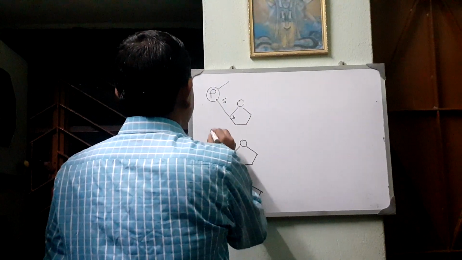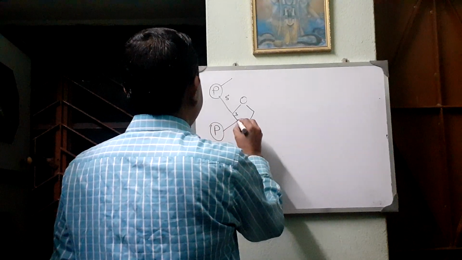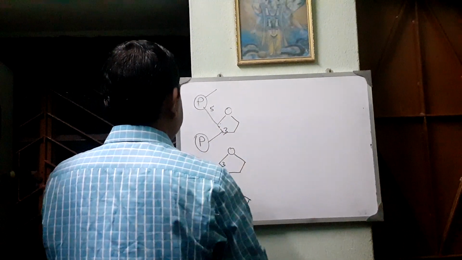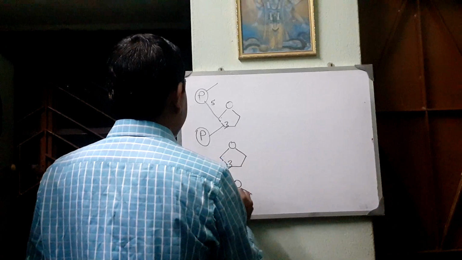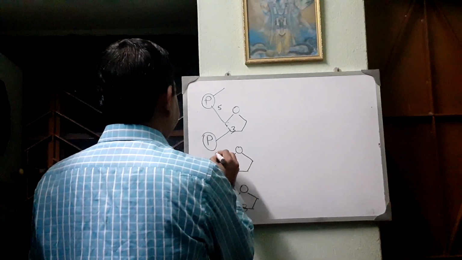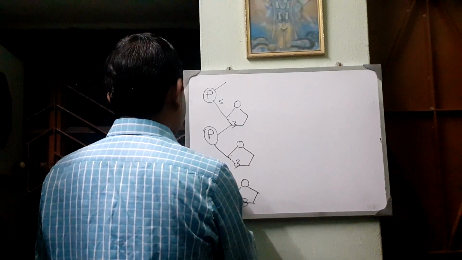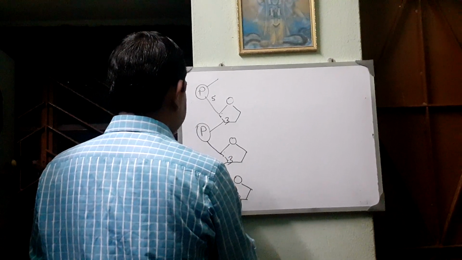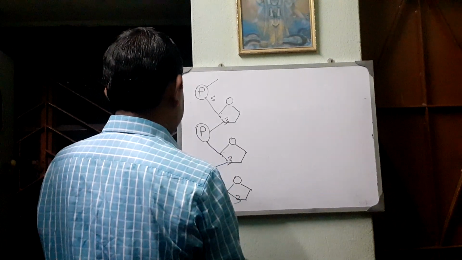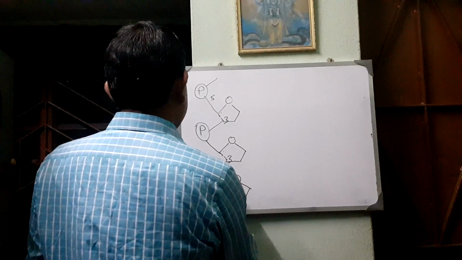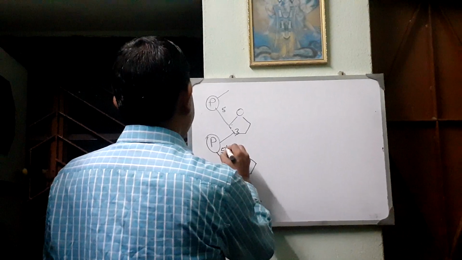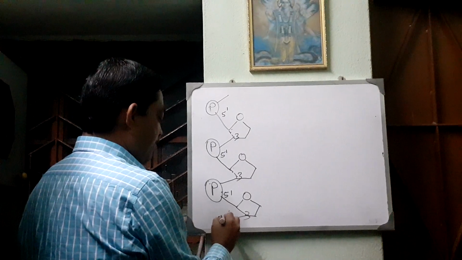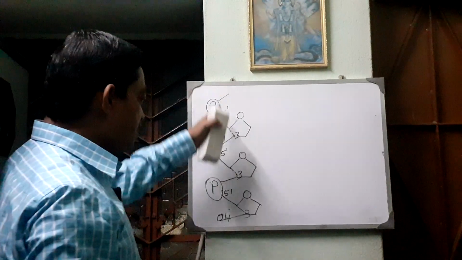It is connected with the ribose sugar like that. This is the 5 prime with an open phosphate group, and this is the OH, the hydroxyl group. It is one strand.